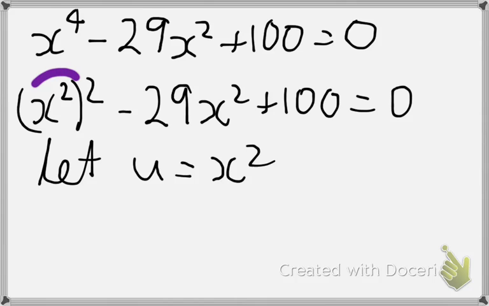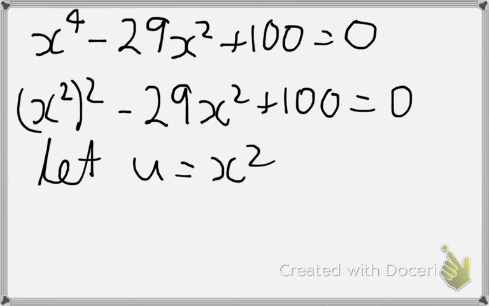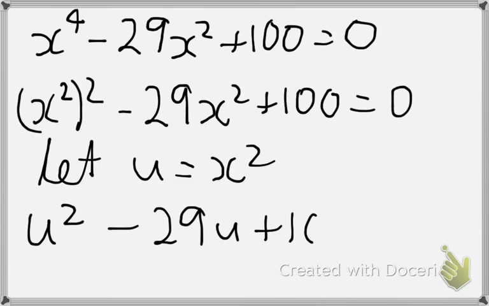Now everywhere I see an x squared, I'm going to replace it with a u. That becomes u squared, not u to the power of 4, just u squared, because I've replaced the x squared with u. Minus 29u plus 100 equals 0.